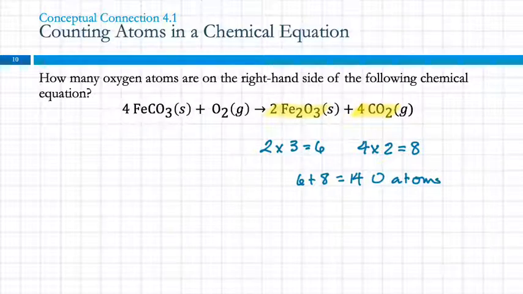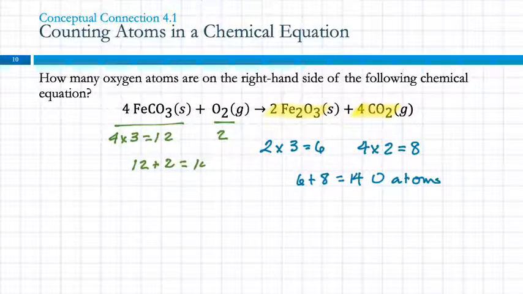Does that match up with how many oxygen atoms are on the left side? Here we've got 2, and in here we've got 4 times 3 is 12. 12 plus 2 equals 14, right? So any questions about that?